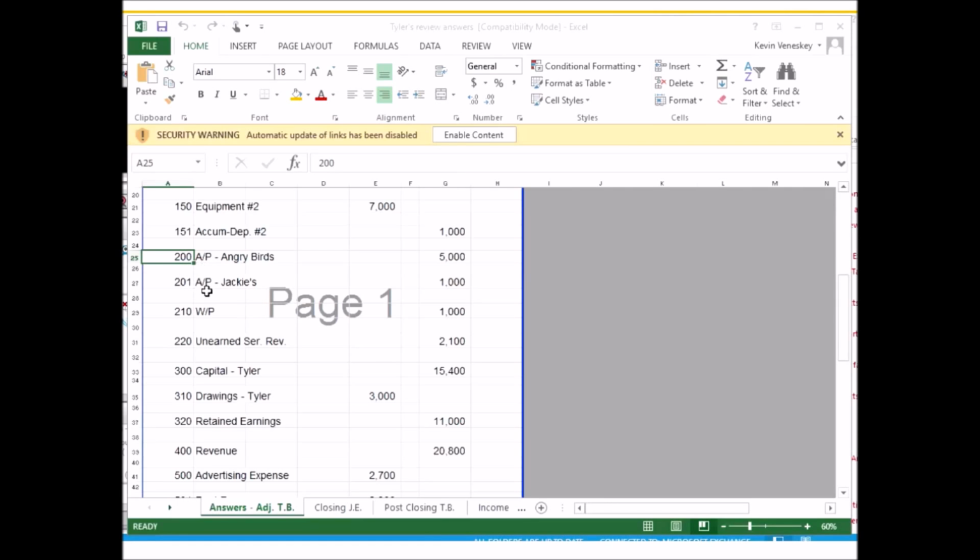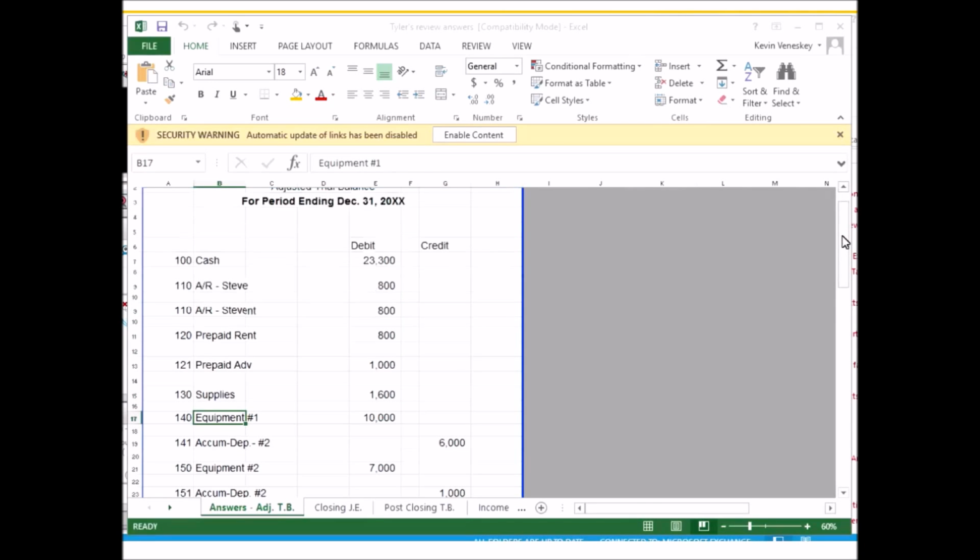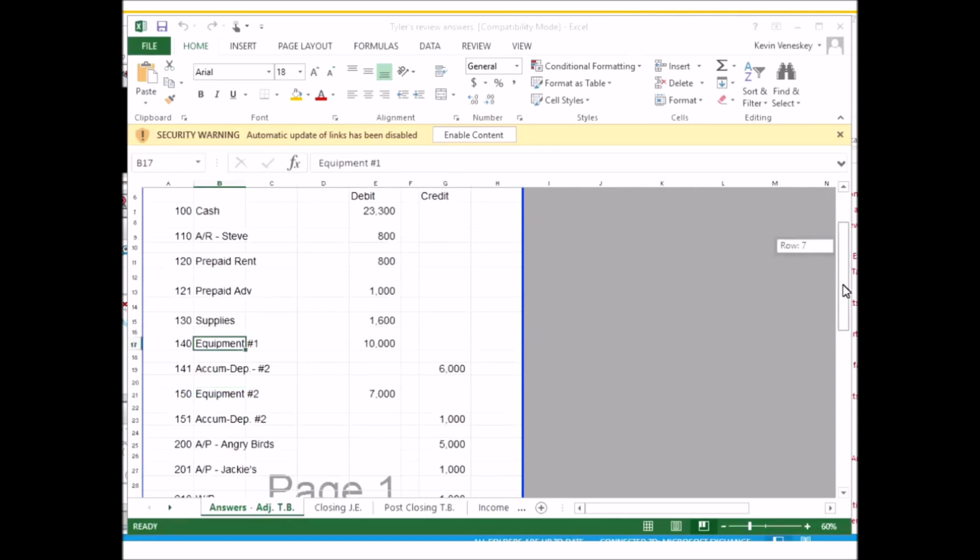You usually have your accounts payable up front at the beginning of the twos, just like I had my cash and all of my current items that are small and are very likely to change within a year, while items like my piece of equipment probably won't change. So it's down at the bottom of the assets in the lower 100s.